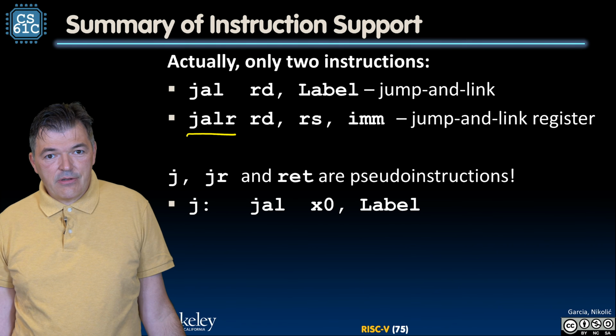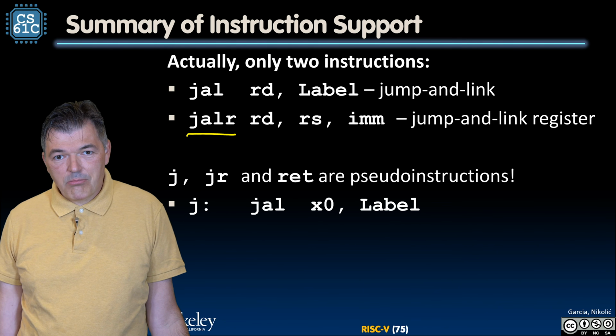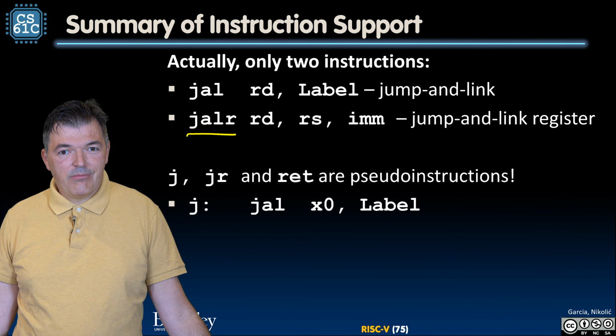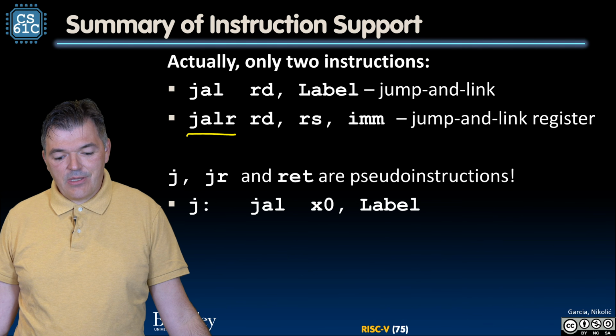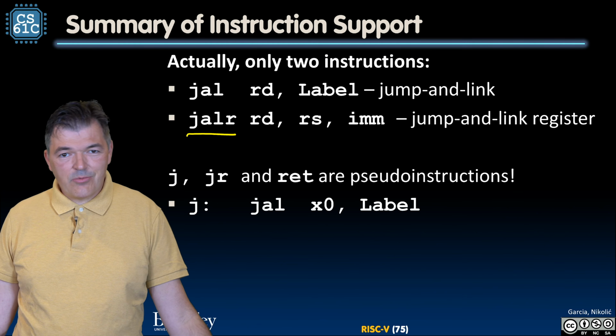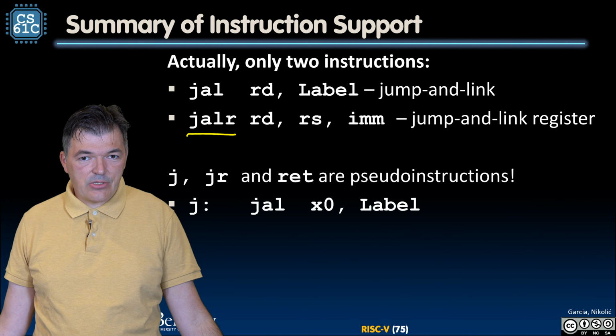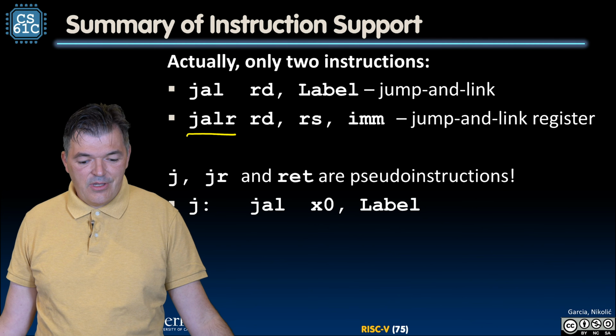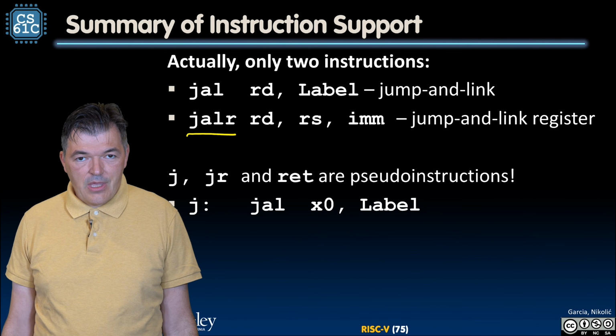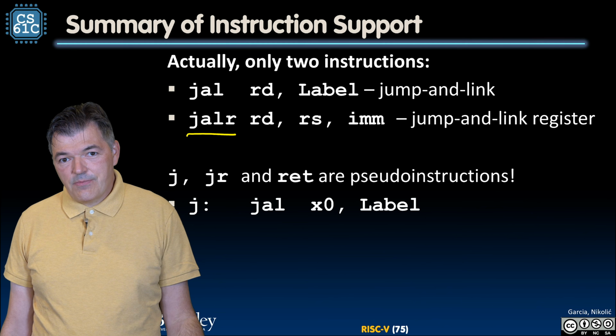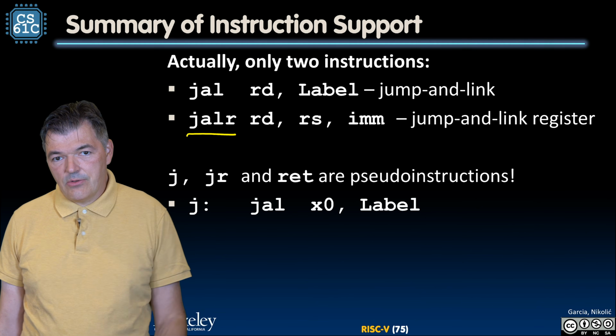If we don't save the return address, we put it in X0, and that's our jump. Same thing with JALR. We haven't learned that, we're going to see it a little bit later, but JR is essentially a special case of JALR. That's it for function calls. We are going to see a few examples after this, so see you in just a bit.